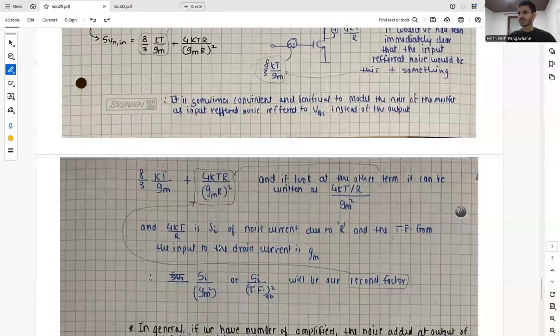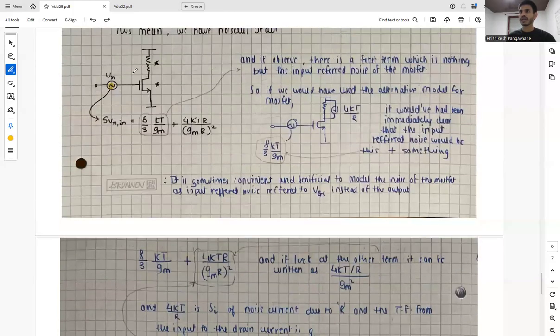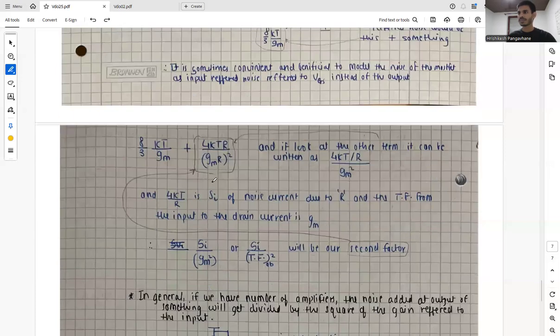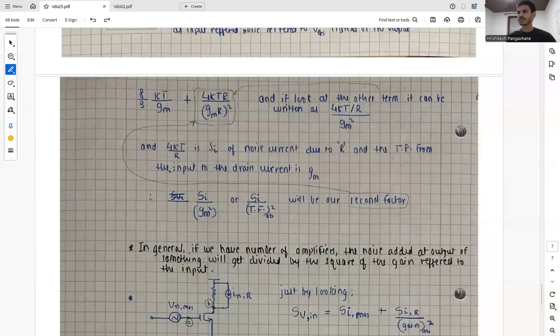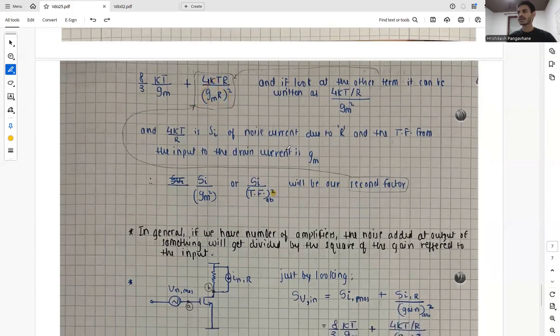And the transfer function from point A to point B, or the transfer function from the input to the drain current, is Gm, and thus Gm squared, as we know that spectral density always talks about the square values. So the spectral density divided by the transfer function from A to B squared will be our second factor, and that's what our second factor is. So that's how we can intuitively derive the noise.